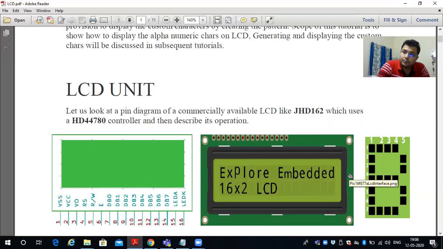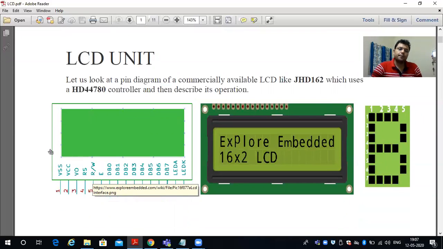Here in our program, we will use 5 cross 7. So each character will be displayed in 5 columns and 7 rows, 5 cross 7 pixel configuration.